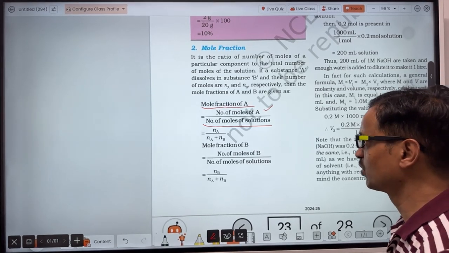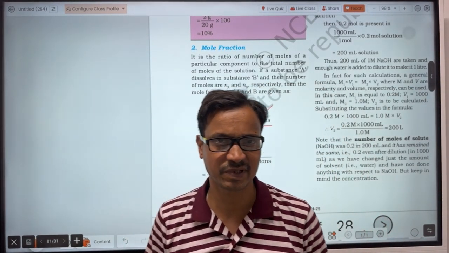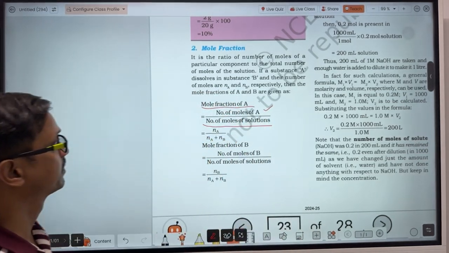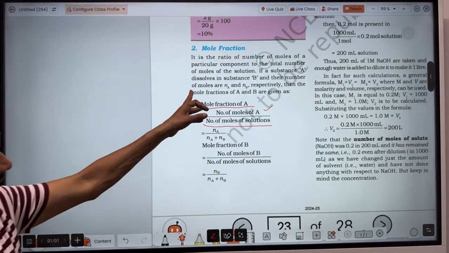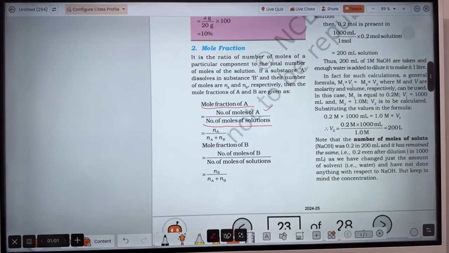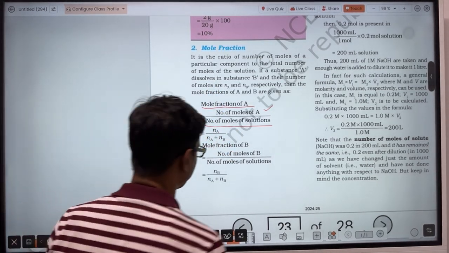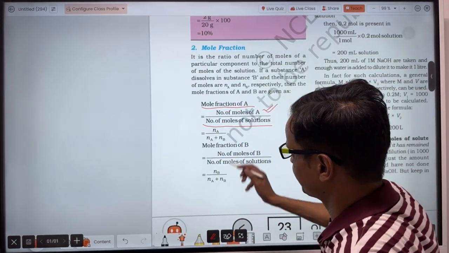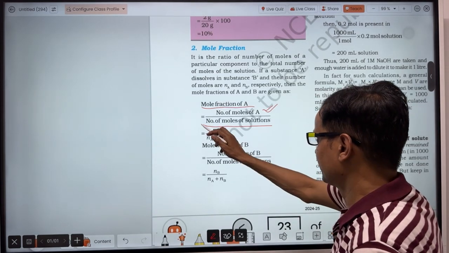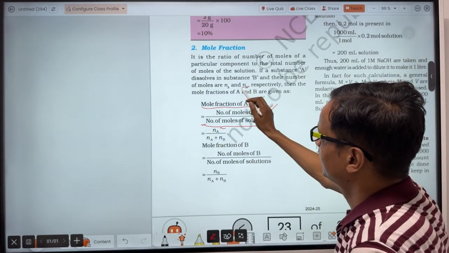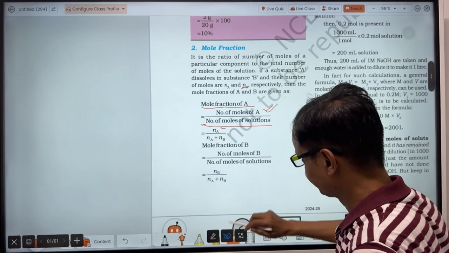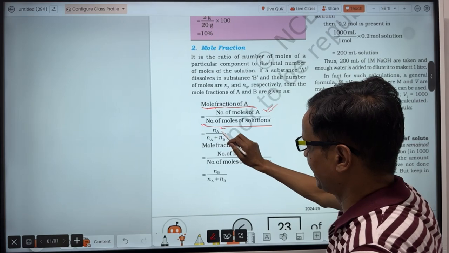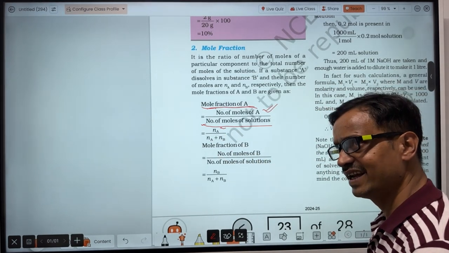And the number of moles of solution will be equal to number of moles of A plus number of moles of B, because there are two components A and B. Number of moles of A is indicated by Na, and number of moles of B is indicated by Nb. So mole fraction of A will be equal to Na upon Na plus Nb.